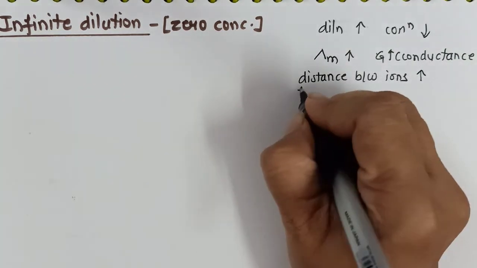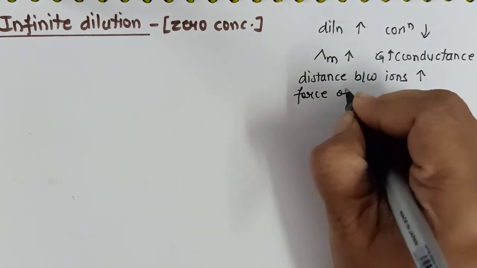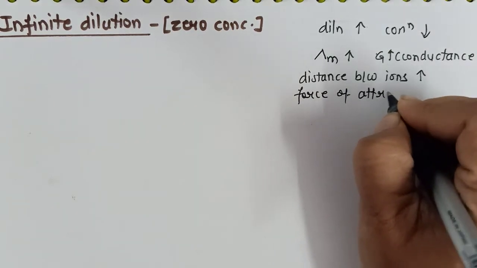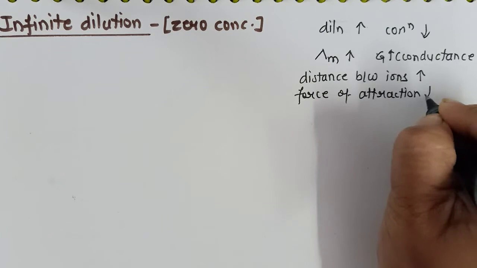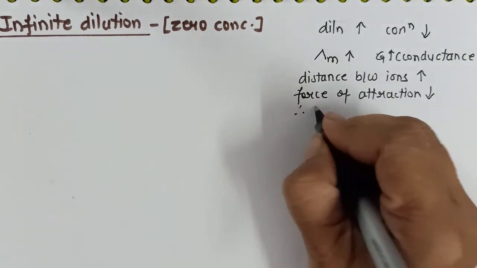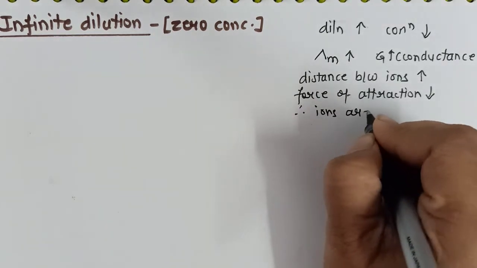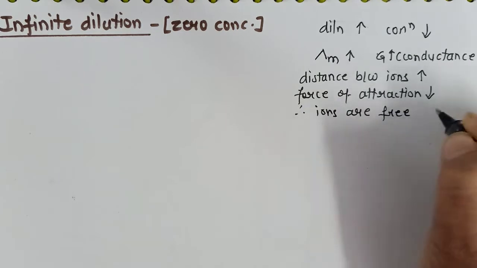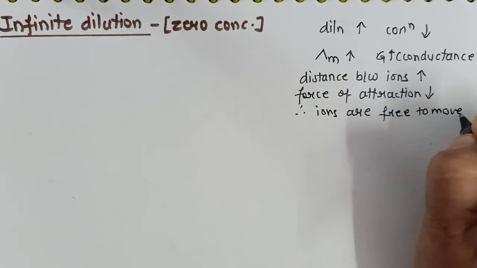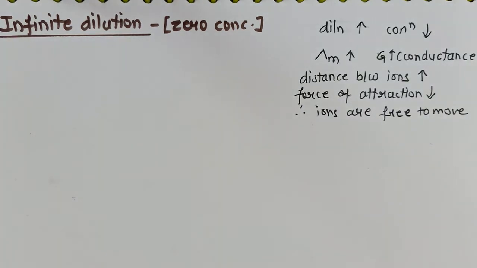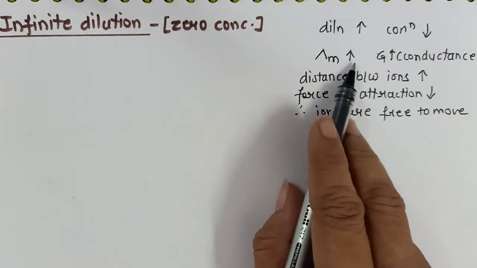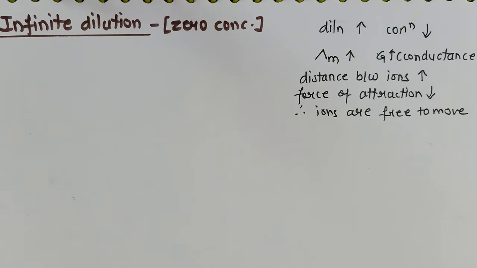As a result, the force of attraction between these ions decreases. Therefore, the ions are free to move, or in other words, we can say the mobility increases. As the mobility increases, they will be able to carry more and more current. Therefore, molar conductivity increases. But what will happen if we keep on doing dilution?